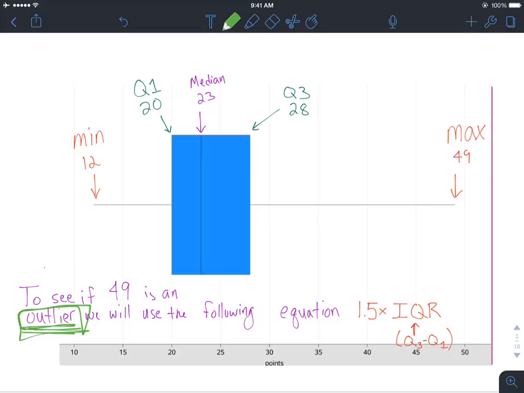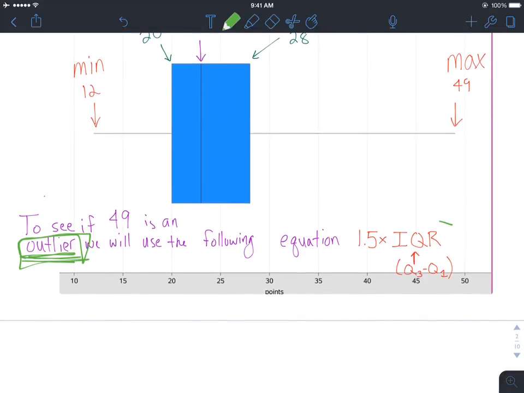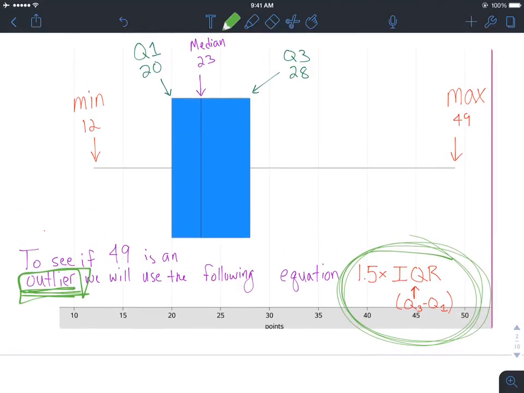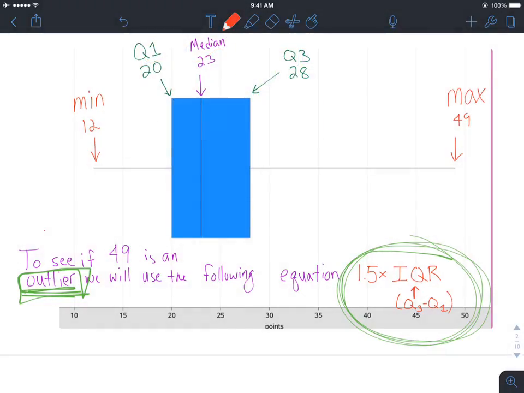To do that, I will find the interquartile range and test if it's outside my data. To do that, we will be looking at this equation down here. So the interquartile range is Q3 minus Q1. What that's telling you to do is to focus on this part right here.